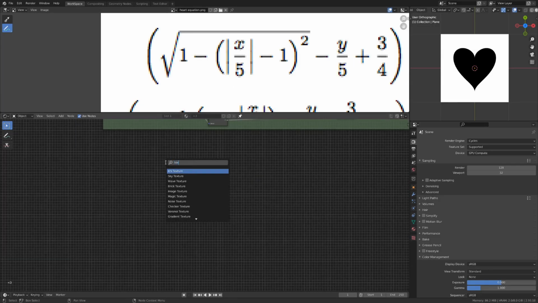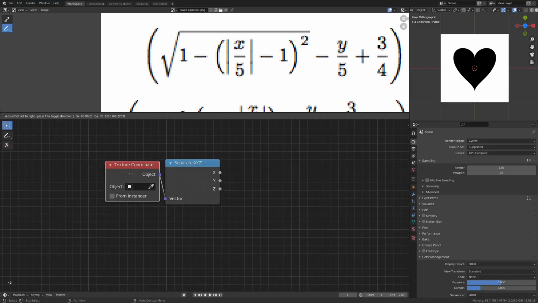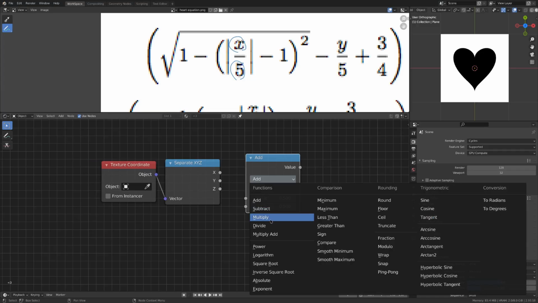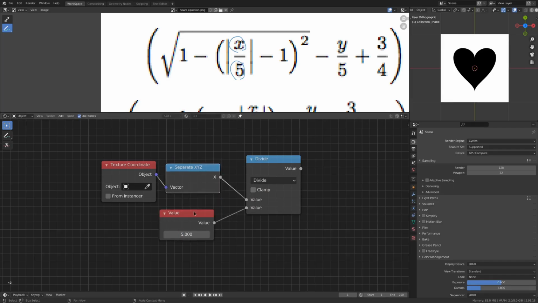So texture coordinate, separate xyz and x over 5. So math divide x over 5, and once we're done, we are going to make them absolute.